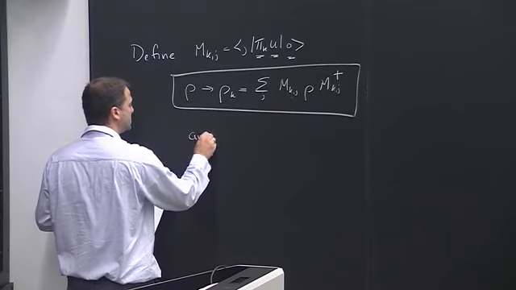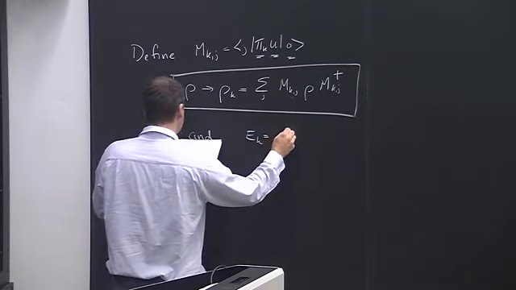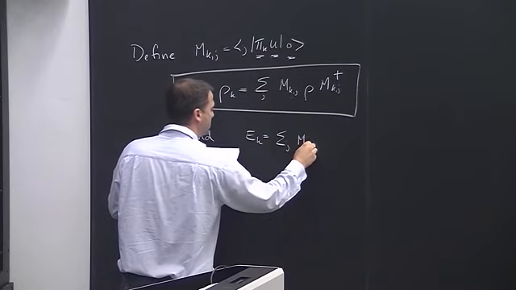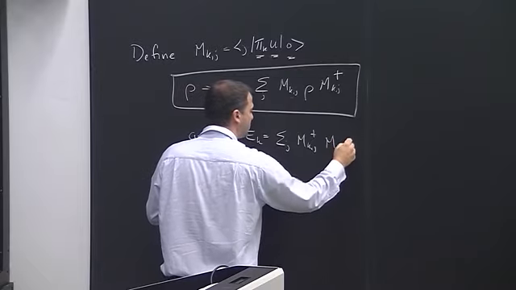And we have E_k equal to a sum over j of M_{kj} dagger M_{kj}.